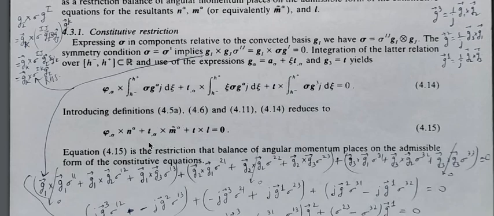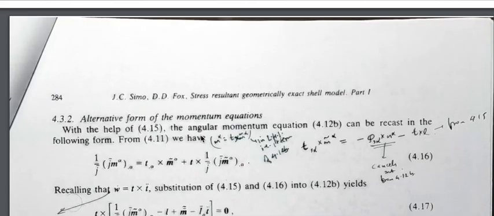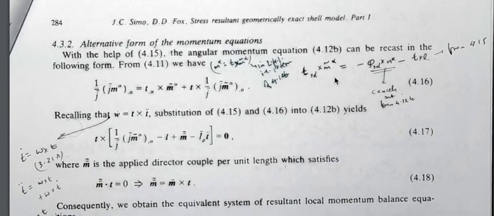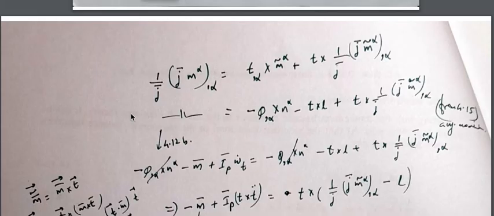You can see here, this term is directly coming here, so this can be replaced and written in terms of these two terms. This is what we get from the angular momentum equation 4.15, and then if we proceed with the derivation steps, we get this form. In some handwritten notes I will show you how to come from this to this.